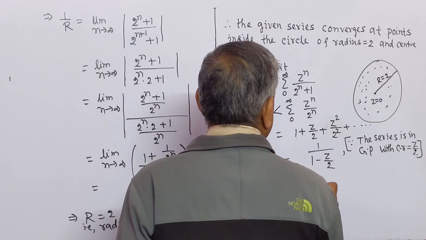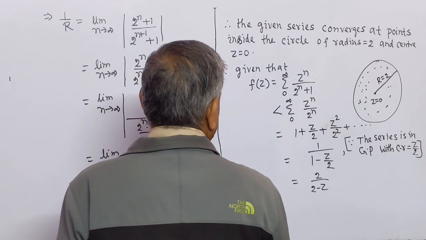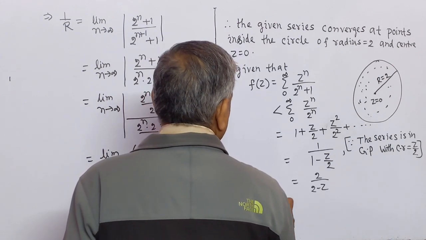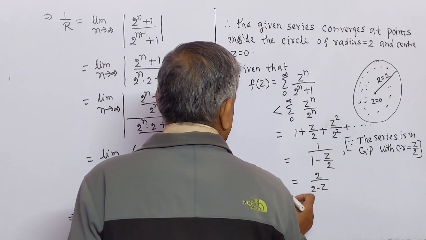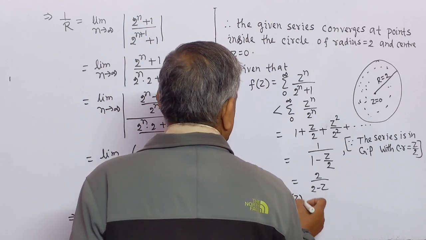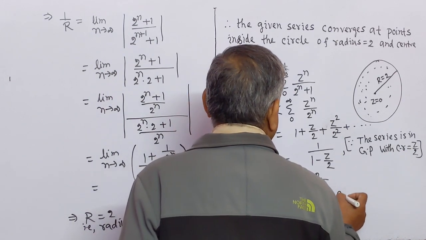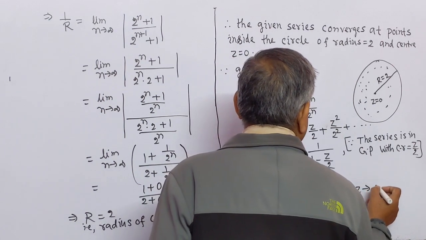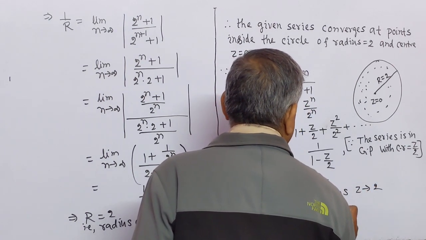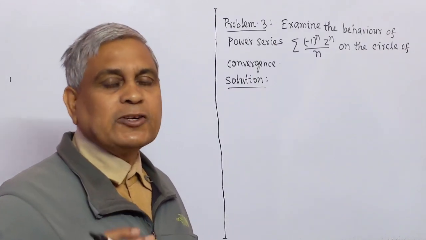This equal to 2 by 2 minus z, implies that (2 minus z) f(z) tends to 2 as z tends to 2. Proved. Now we solve the next problem.